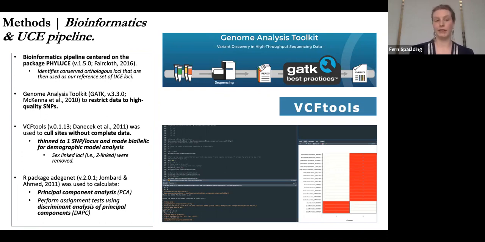We then used VCFtools to call sites without complete data, and VCFtools was also used to thin the data to be 1 SNP per locus and made biallelic for our demographic model analysis. We then used the R package adegenet to calculate a principal components analysis, as well as perform assignment tests using discriminant analysis of principal components.